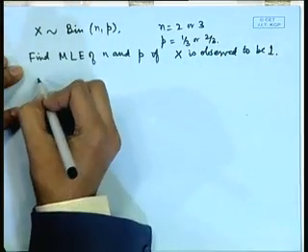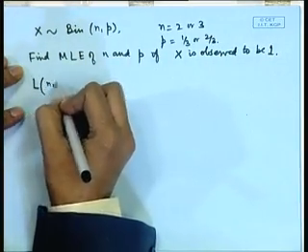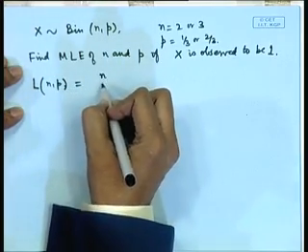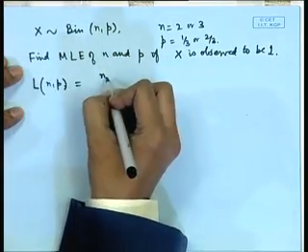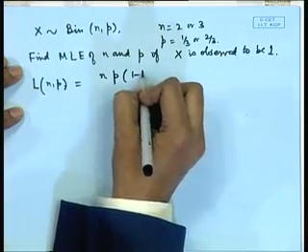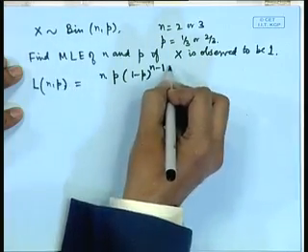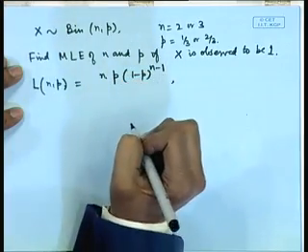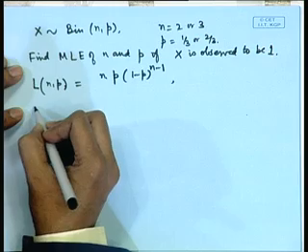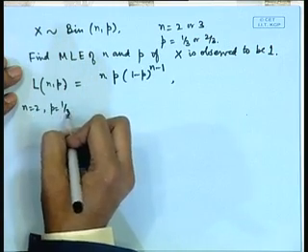So, let us write down the likelihood function here. The likelihood function here is n c x. So, since x is 1, it is n, p to the power x means p, 1 minus p to the power n minus 1. So, since x is equal to 1 is already observed, we are having exactly these values. So, we have the 4 values here when n is equal to 2, p is equal to 1 by 3.